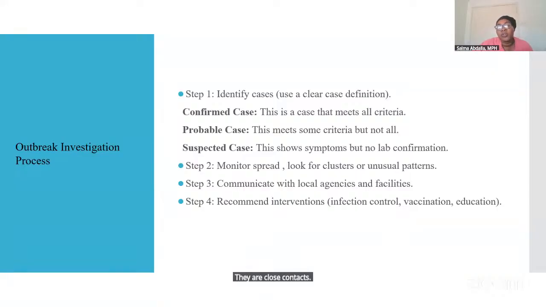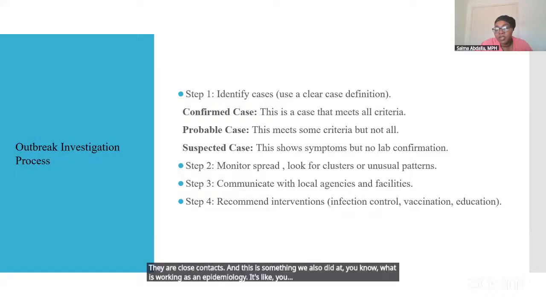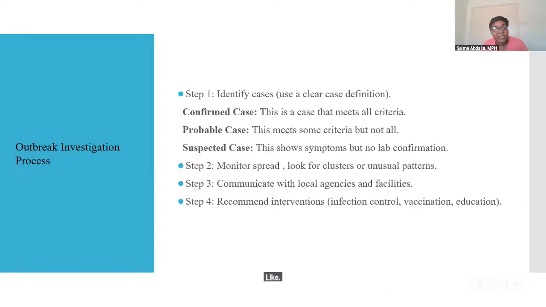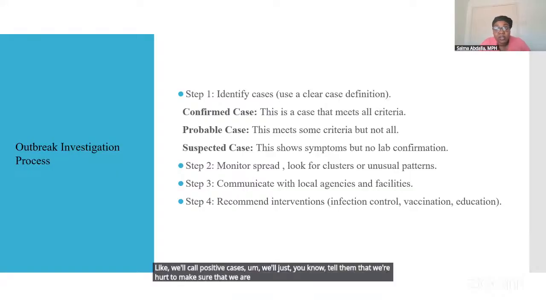This is something we also did working in epidemiology. As an epidemiologist, you can do contact tracing. I remember even the general population was very helpful with this. We'd call positive cases and tell them we're here to trace who they were around when they were positive. A lot of people didn't even know they were positive.